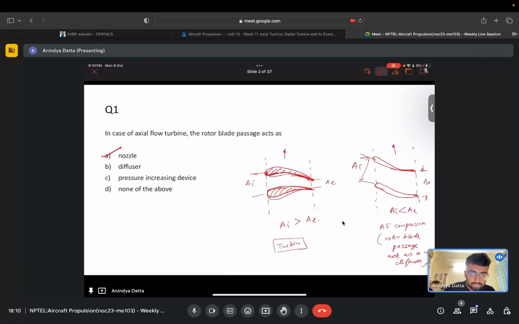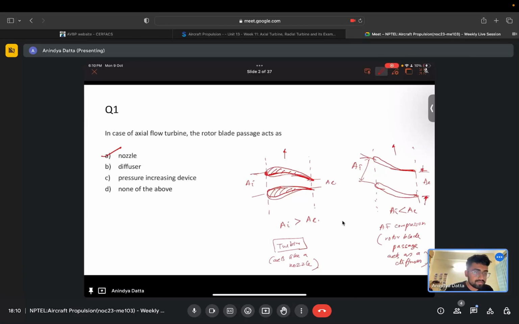For turbines the passage area is generally converging, it decreases in the flow direction, so it acts like a nozzle. And for the compressor the flow area increases, so it acts like a diffuser.